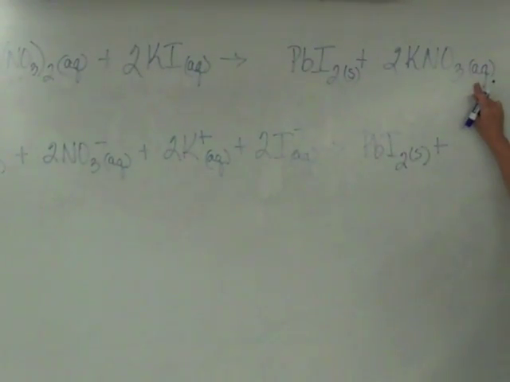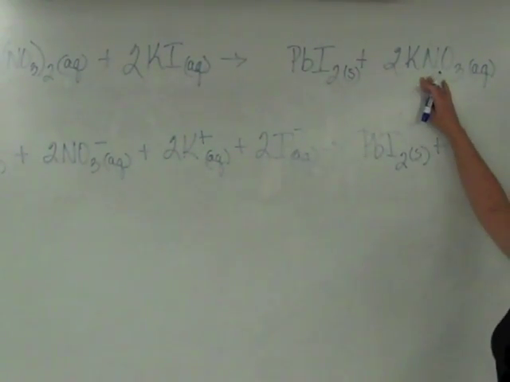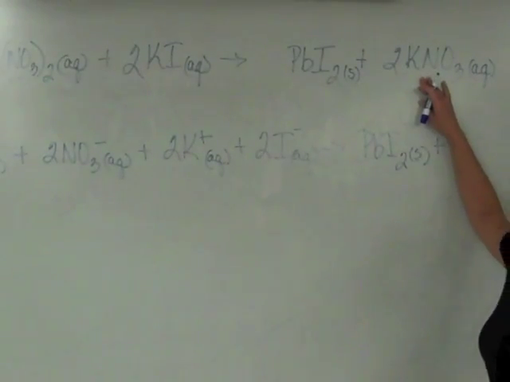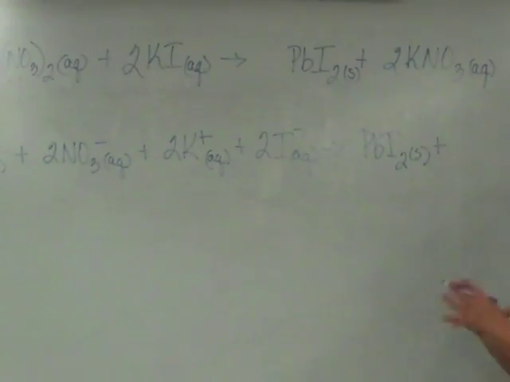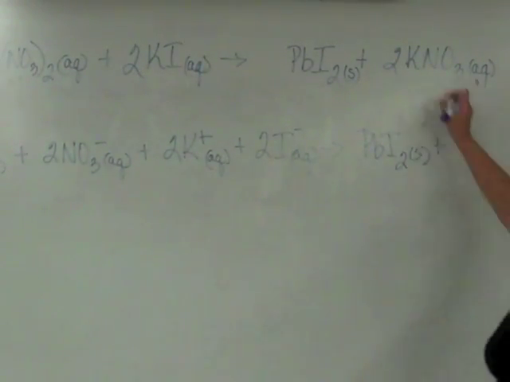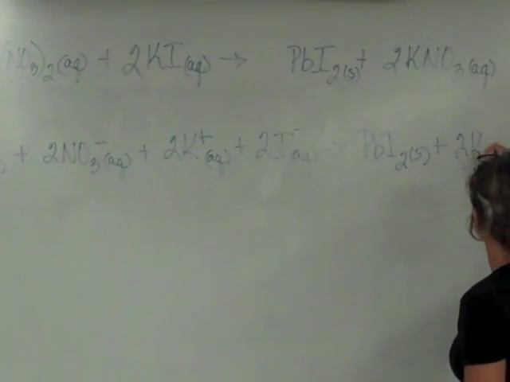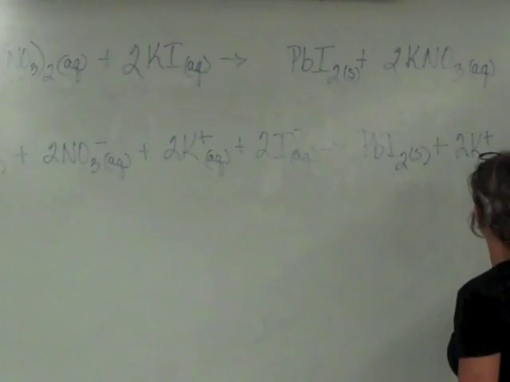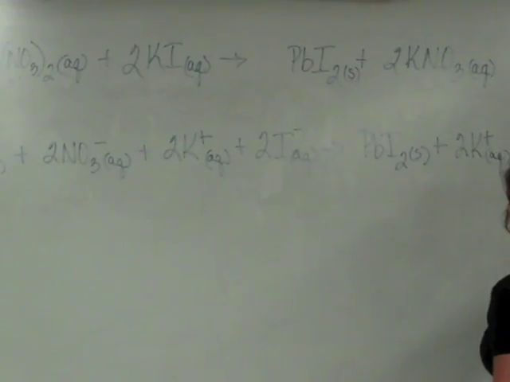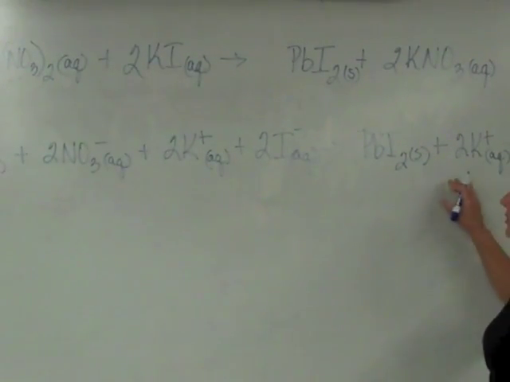Because this is aqueous, this tells us this is not associated in terms of what it looks like at the molecular level. So this is split, this is ionized. So we've got 2 potassiums. Okay, so this, people, is my complete ionic equation.